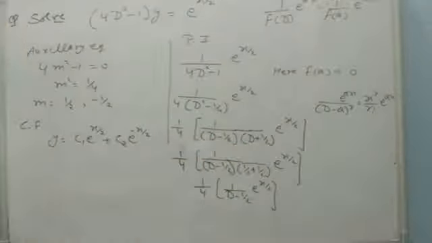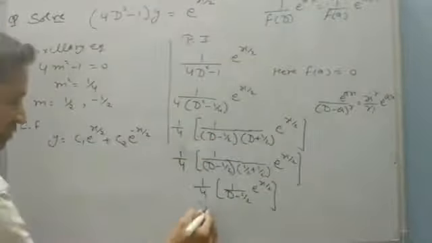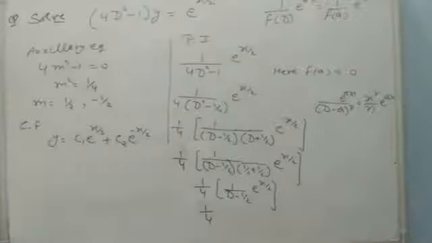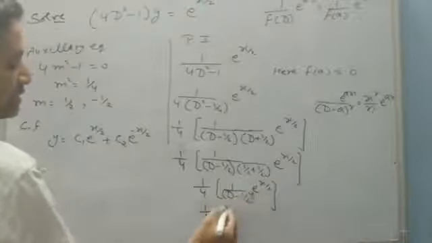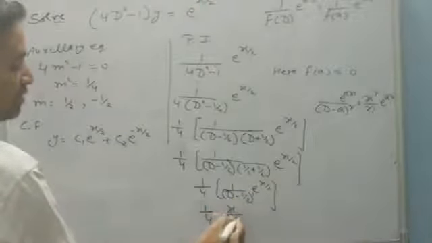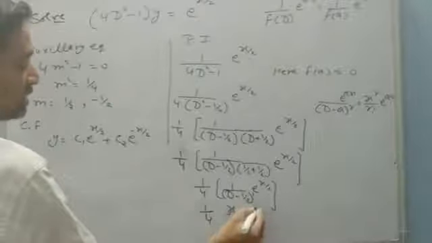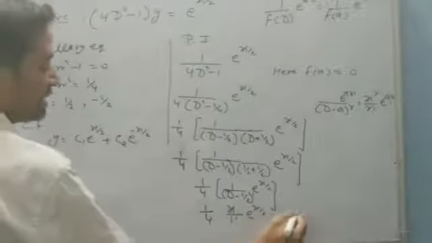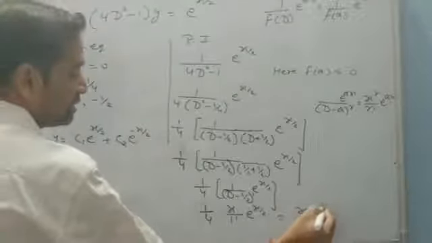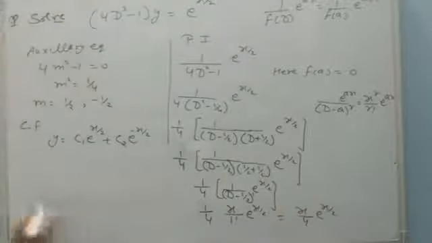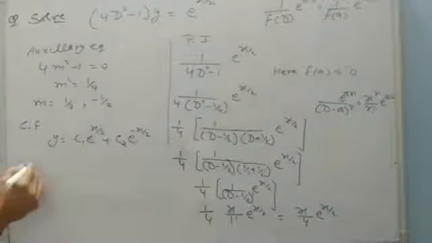So I will get 1 by 4, x to the power r. R means the power of this, which is 1. So it is x upon 1 factorial e to the power x by 2, or I can say it is just x by 4 e to the power x by 2.